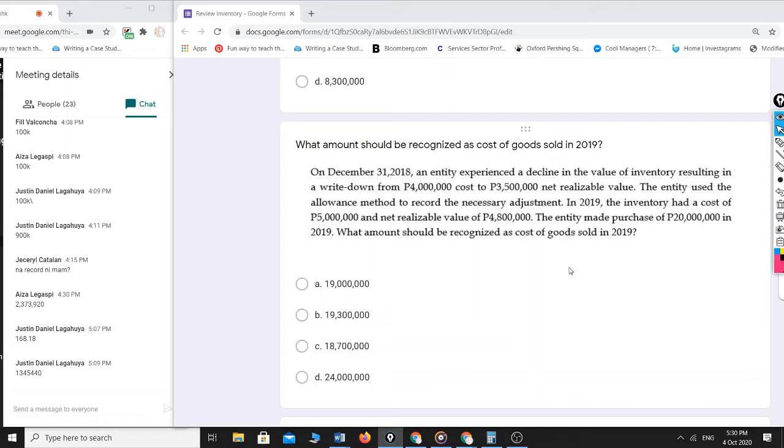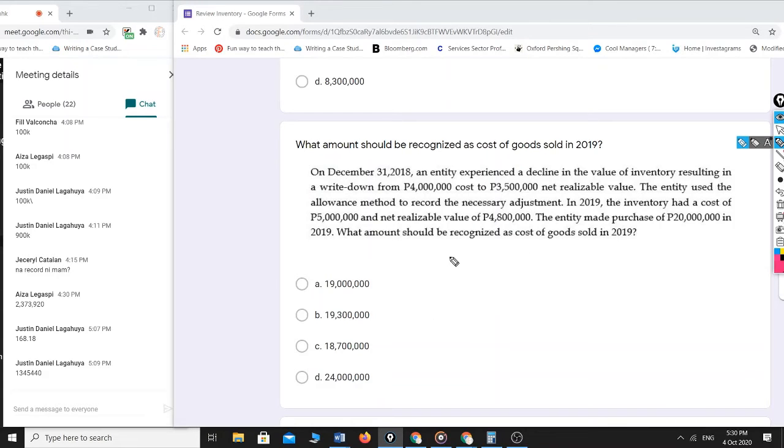Ang nakakuha lang sa allowance method because for example, this year ming record ka og allowance for write down 200,000. Okay, for example, let's use this. Pagka December 31, 2018, since there is a difference between the cost and the NRV, so imong inventory nga 4 million, dapat himuon nimog 3.5 million.